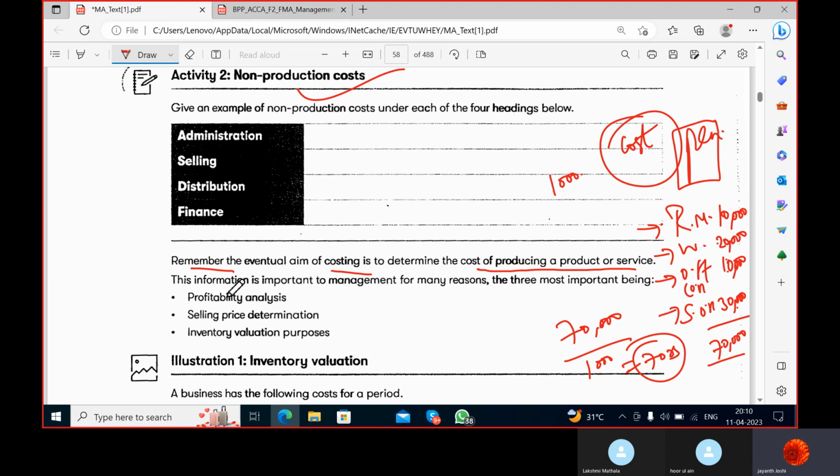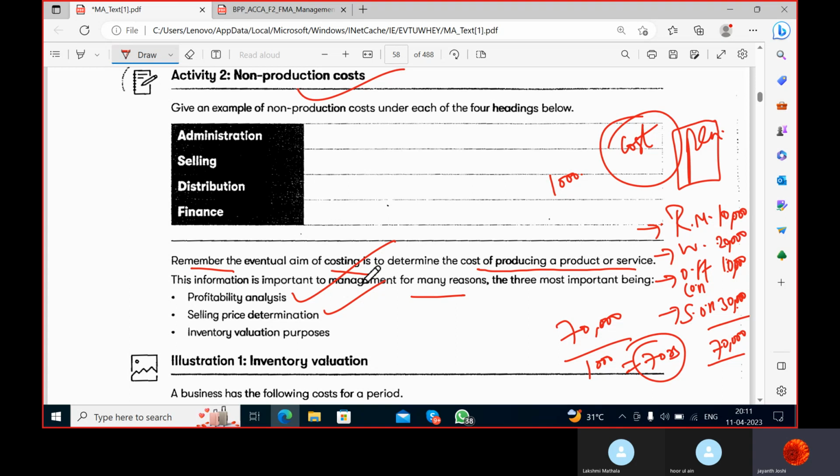Now, this information is important to management for many reasons. The three most important being profitability analysis, selling price determination. First you'll see whether the product which you're going to make is going to be a profitable one for you or not. That means whether it has the potential to give you profits or not.